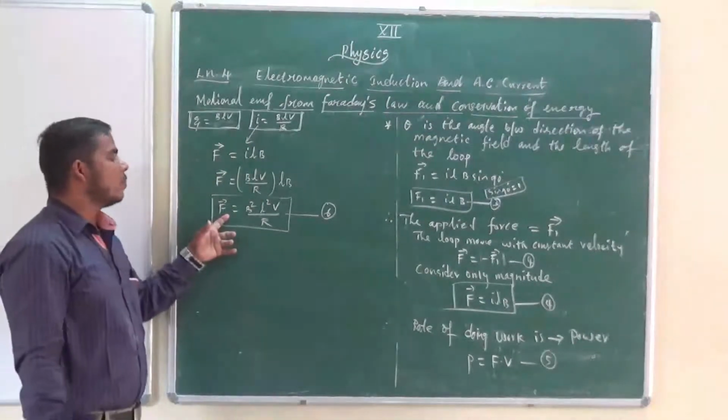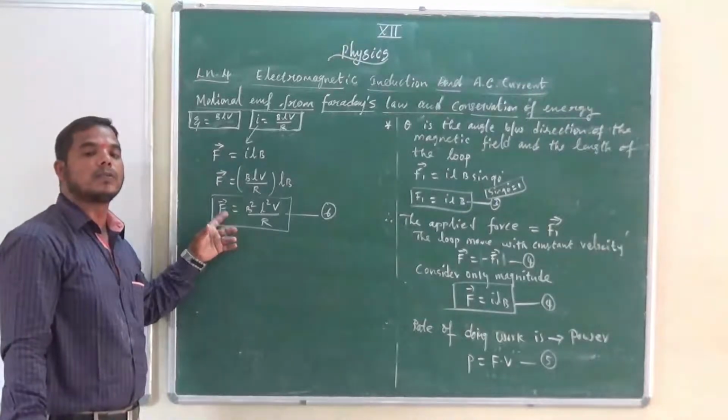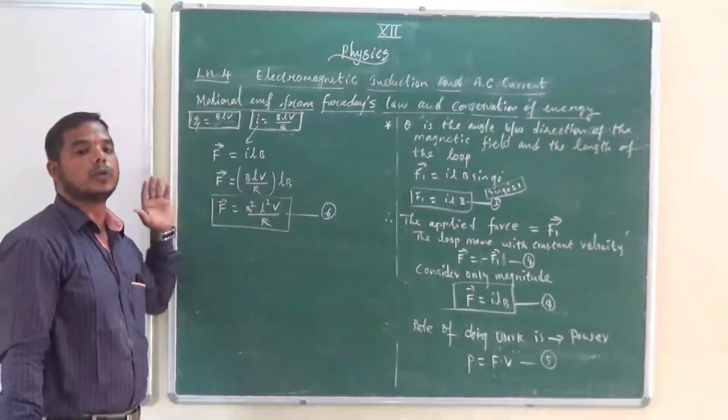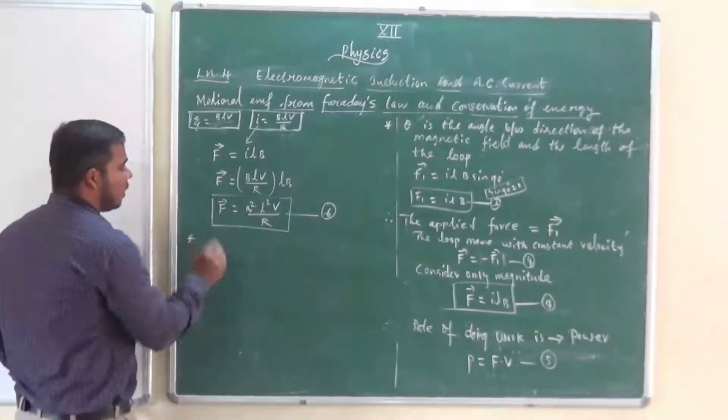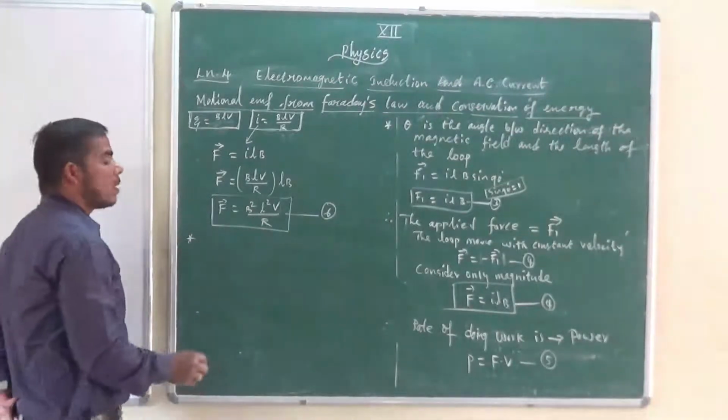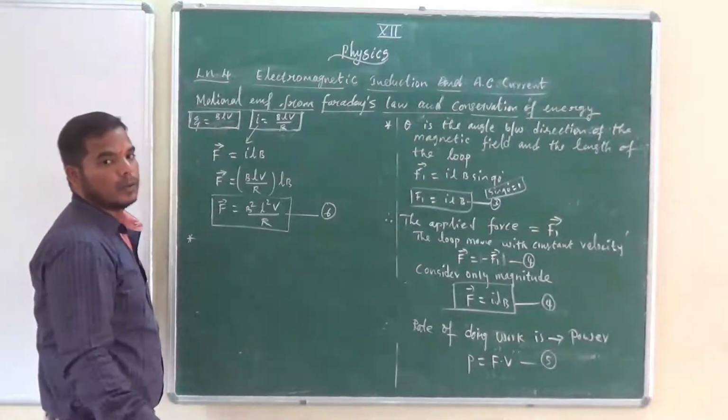So equation number 6 is the constant force we apply to the loop to move it with constant velocity. When we apply the mechanical work, that mechanical work is converted into power.